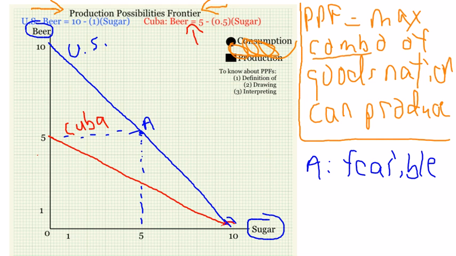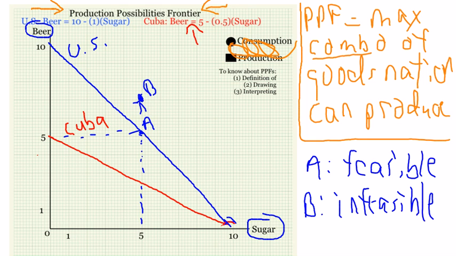If there was a point B up here I was looking at, where the US still produced the same amount of sugar, 5, but now it was able to get more beer, that's actually impossible. And so we call point B an infeasible point.